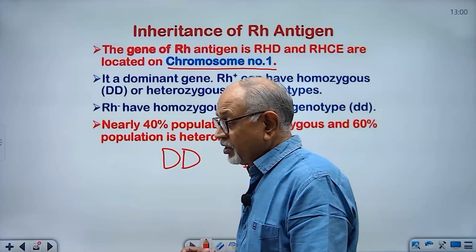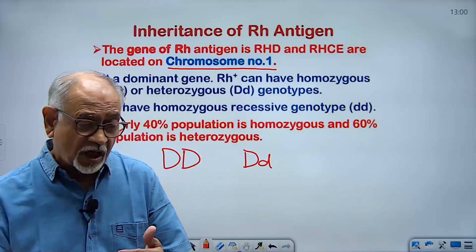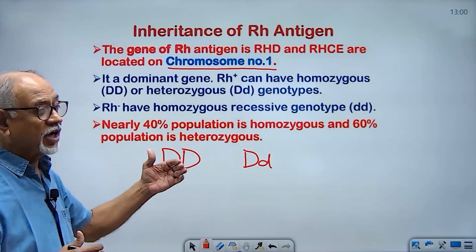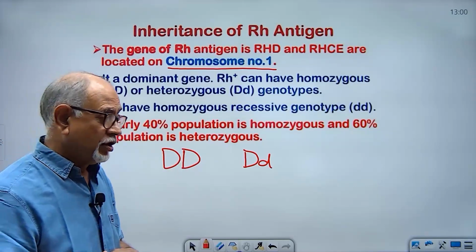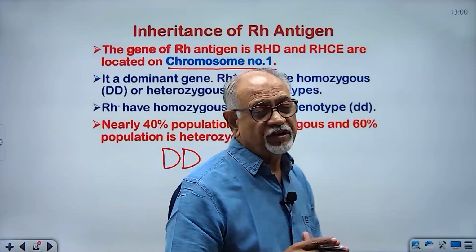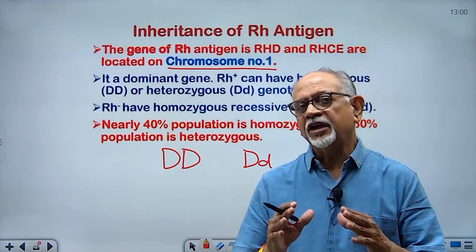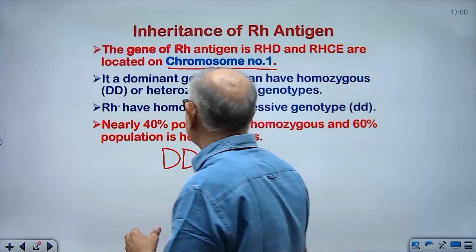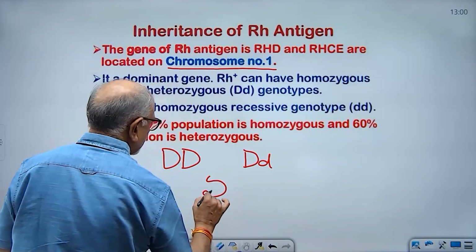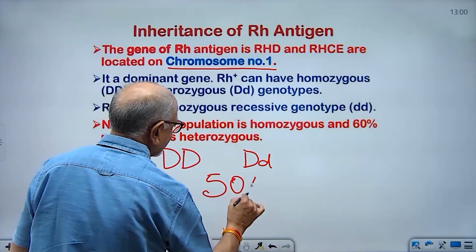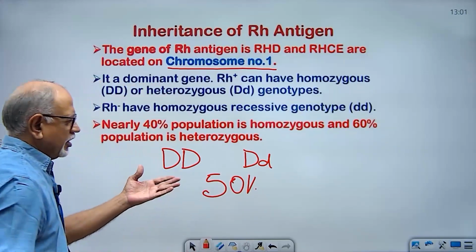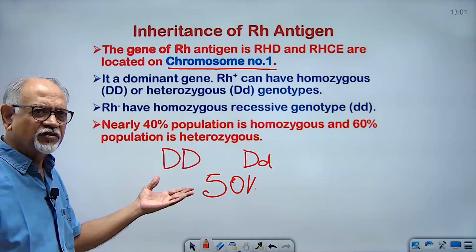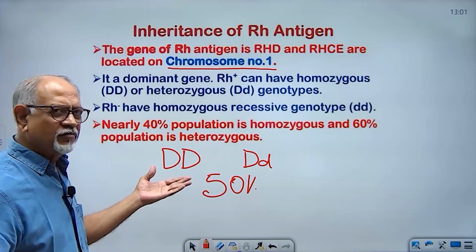So, when an RH positive person marries an RH negative lady, there are chances of having an RH positive child at least 50%. If the father is homozygous dominant, then 100% of the children will be RH positive.